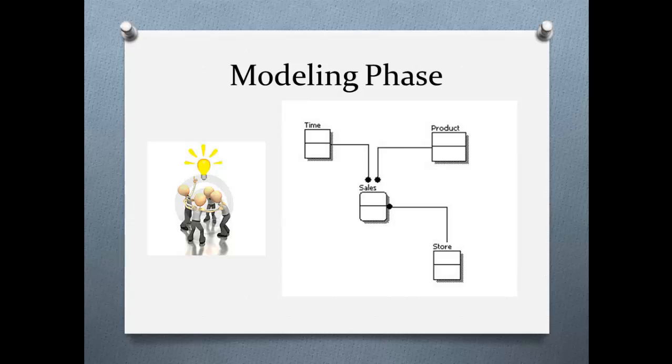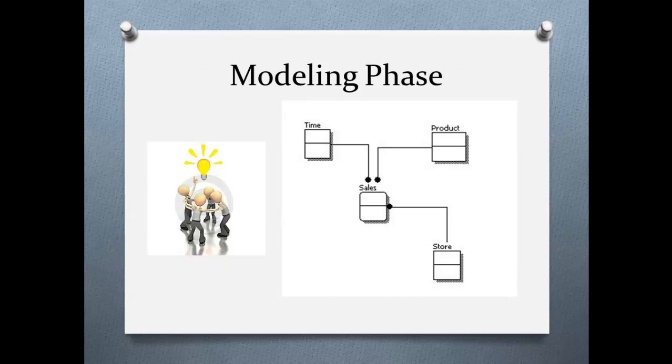In this example, let's say time, product, and sales already exist, and now they added a new table called store. The store is not going to be an isolated table. It should be linked to some fact table, right?